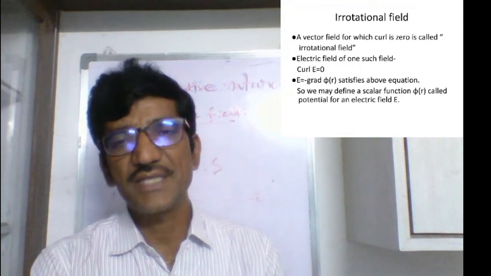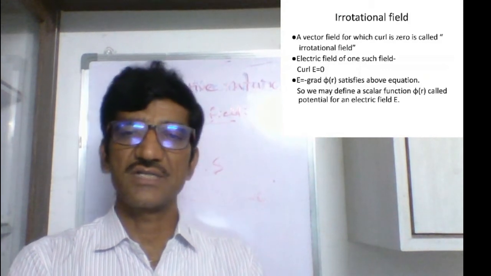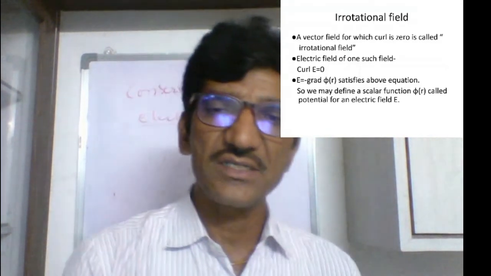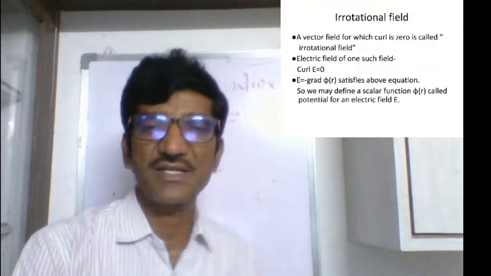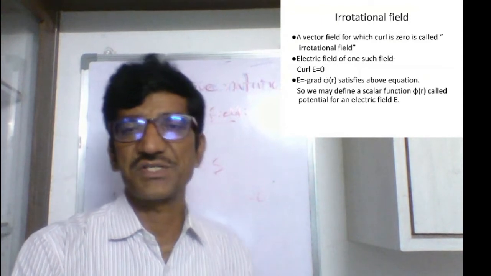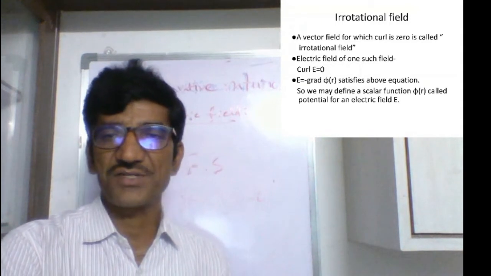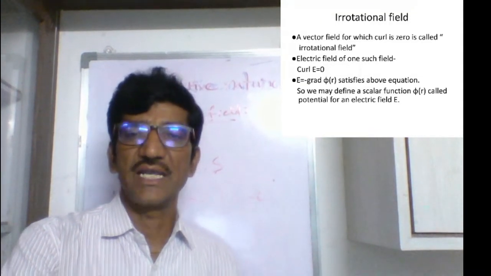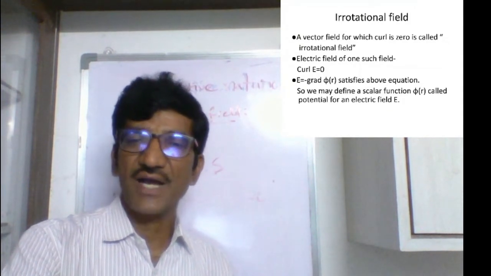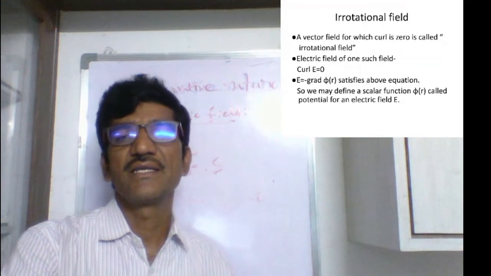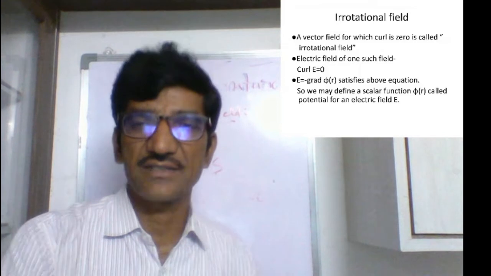So whenever you write E equal to minus grad phi, it satisfies the above equation curl E is equal to 0. So you may restate this mathematical statement as E is equal to minus the gradient of the potential. This facilitates us to define a scalar function called potential for the electric field.